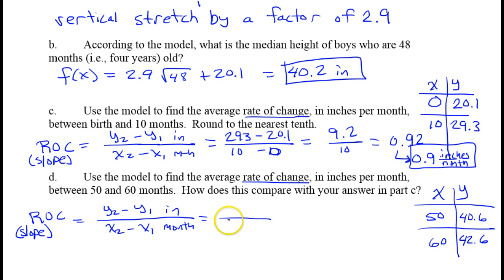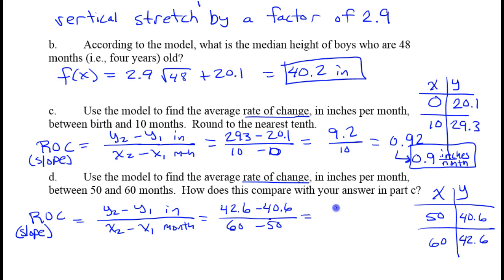So y2 minus y1 is 42.6 minus 40.6 over x2 minus x1, which is 60 minus 50.